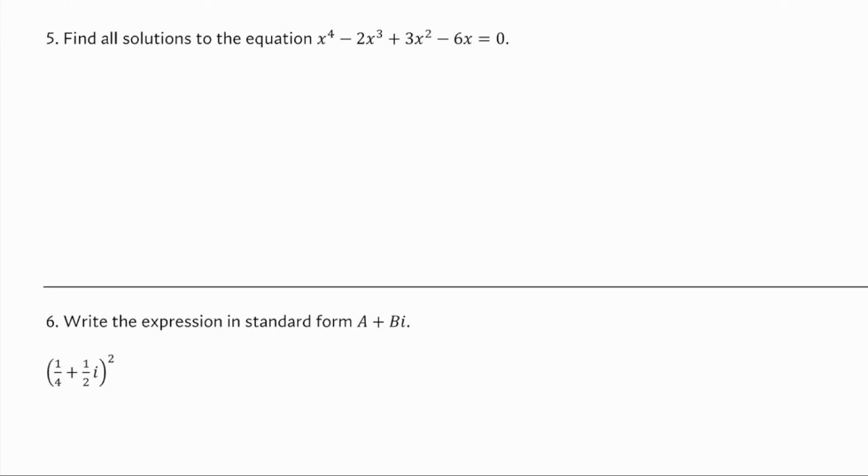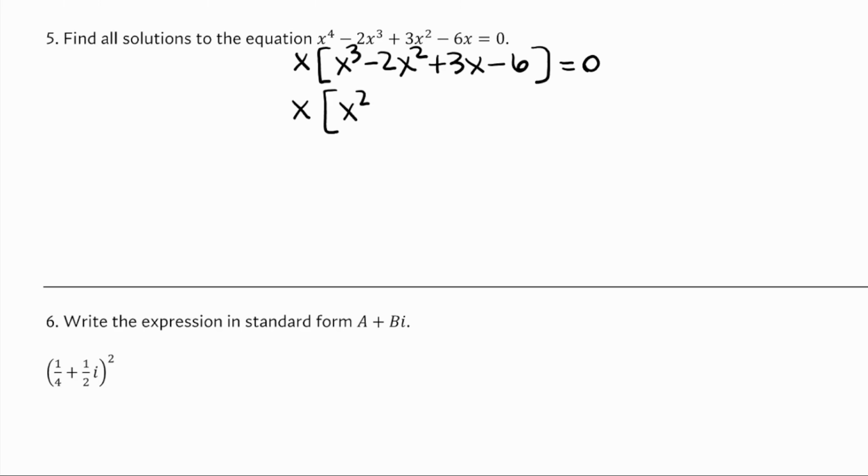And if we see 4 terms and we see this parallel ratio, 1 to -2 is the same as 3 to -6, we know we're going to be able to do group and factor. But we should always start by looking for a greatest common factor. And I see x in all 4 of these terms, so I'm going to factor that out first. And then I'm going to do group and factor on the thing that's in the square brackets.